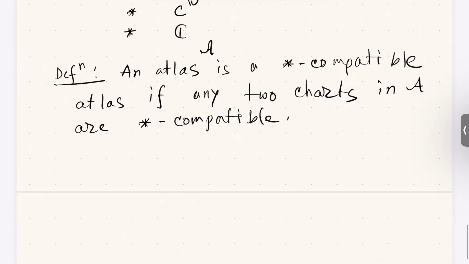Then if I replace the star by C infinity, the atlas will be a C infinity compatible atlas. And if the atlas is a C infinity atlas, then we say the manifold is a smooth manifold. That means we can consider differentiability on that manifold.